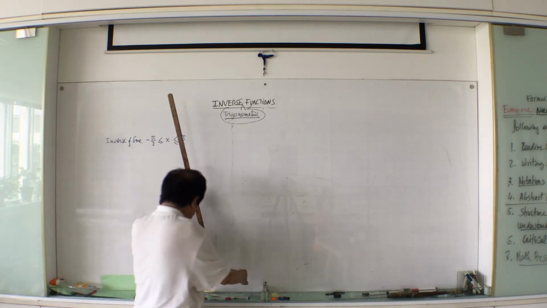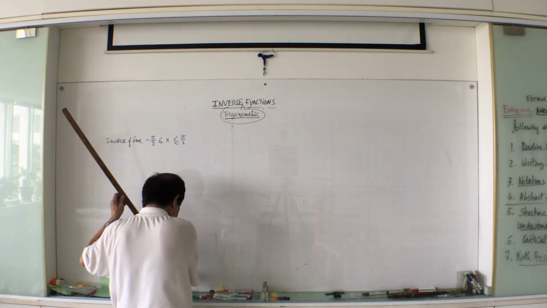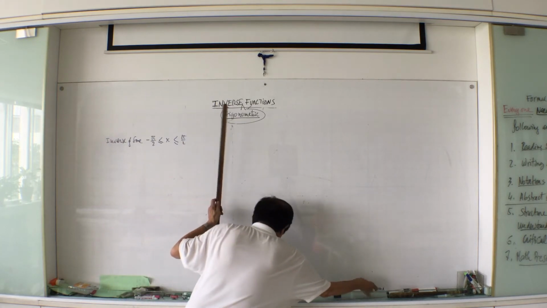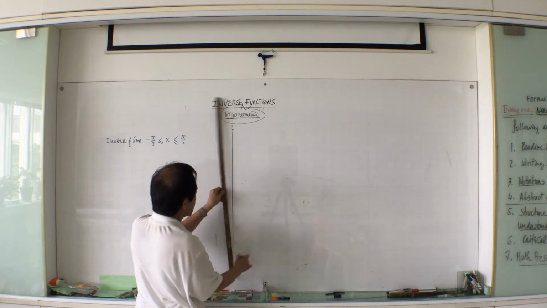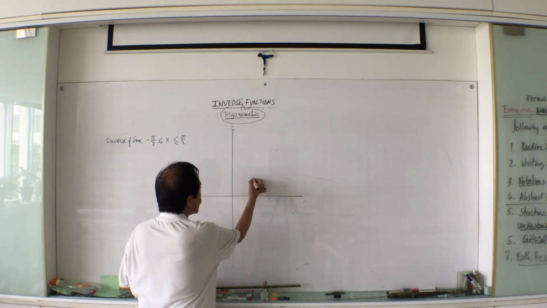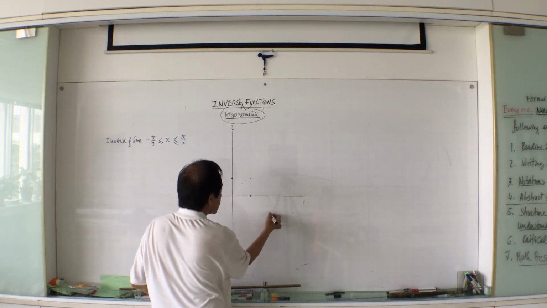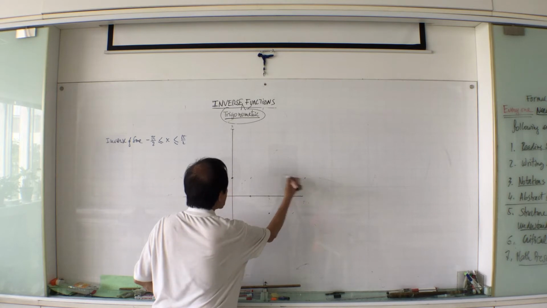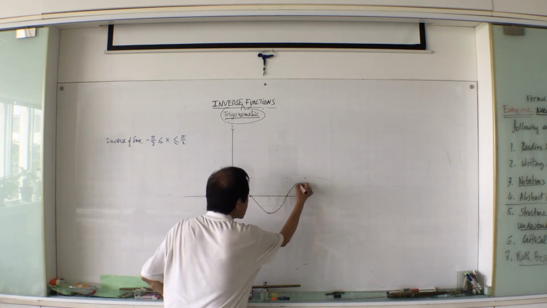Okay, so the second one is cosine. The cosine, we start this way. So also we have 4 points. Let's go 1, 2, 3, 4, and 5. So go like this. This is cosine, cosine, cosine, and cosine.